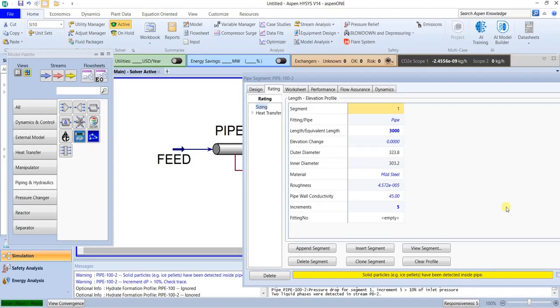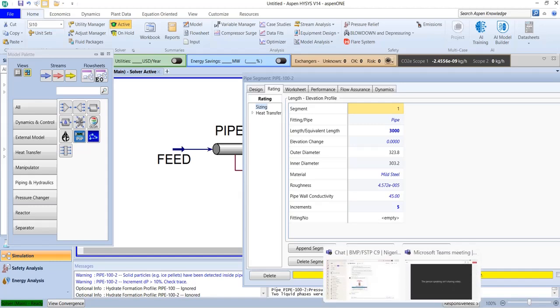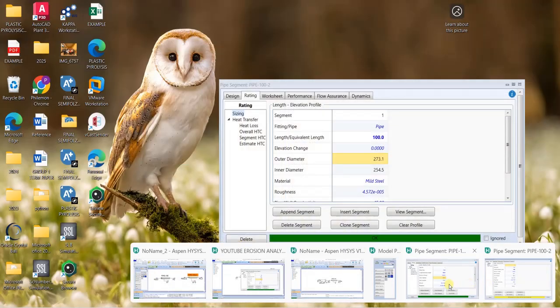So after specifying the pressure and the mass flow rate, we have this message here that says solid particles have been detected inside the pipe. So what I want to do is I will also adjust some of the pipe specs as well. Now this is just to illustrate how the erosion would occur in the pipe, right? So most of the values are just based on assumptions.